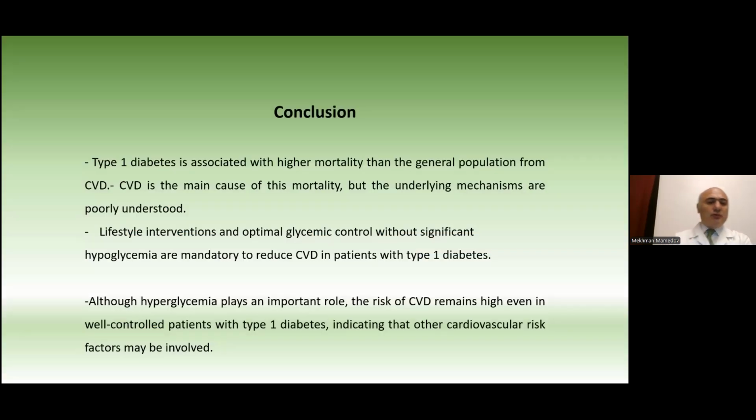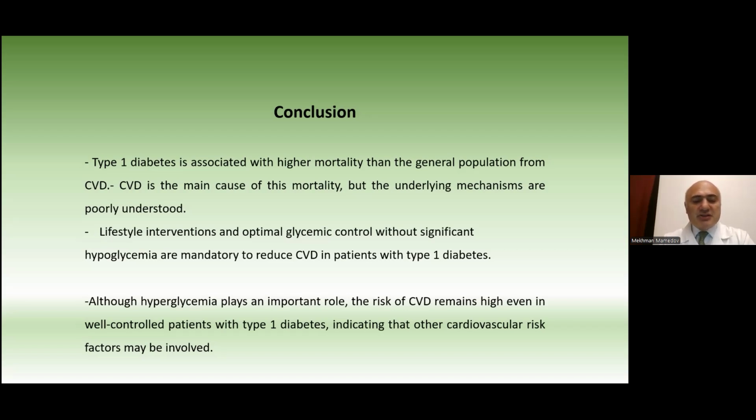And in conclusion, type 1 diabetes is associated with higher mortality from cardiovascular disease than in the general population. Cardiovascular disease is the main cause of mortality, but the underlying mechanisms are poorly understood. Lifestyle interventions and optimal glycemic control without significant hypoglycemia are mandatory to reduce cardiovascular disease in patients with type 1 diabetes.